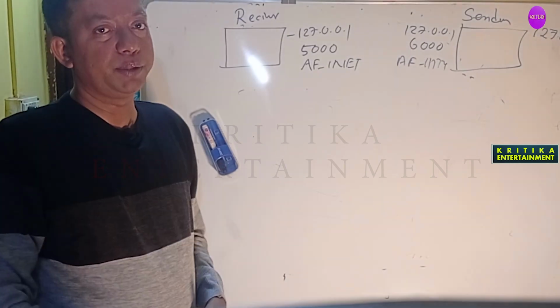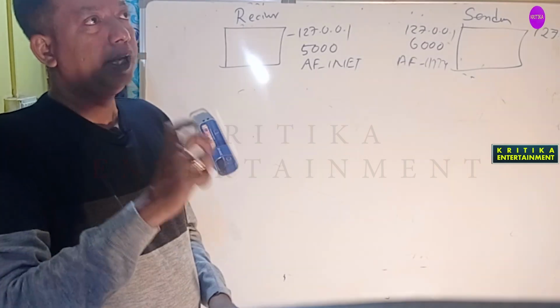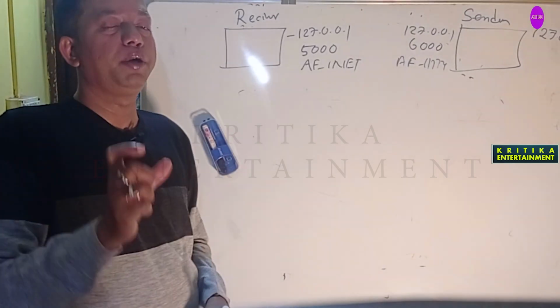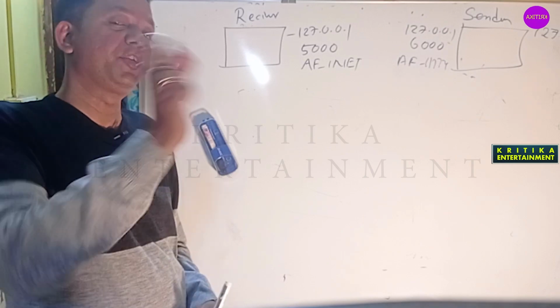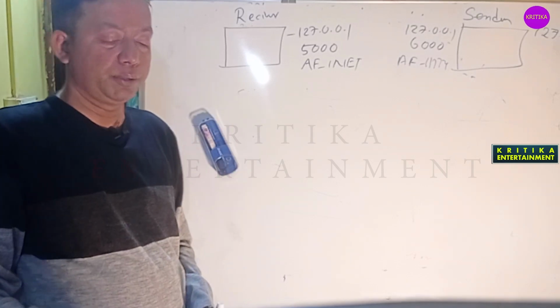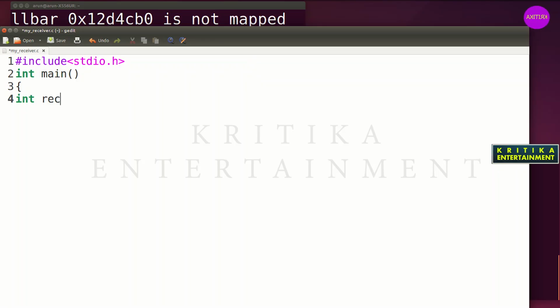FD means file descriptor, because it returns one number from a file or from a socket. So I have given the file descriptor a short name, REC FD, is equal to, and I will declare the socket.